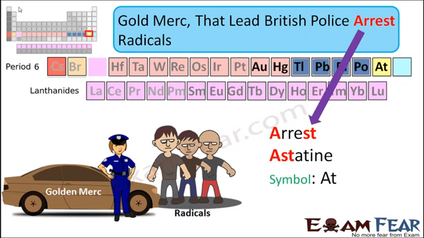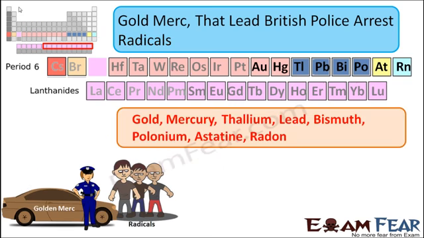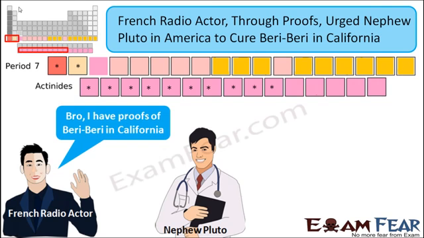Arrest reminds of astatine, and radicals reminds of radon. So our memory tip for this last set of elements of period 6 would be: gold mark that led British police arrest radicals. Now let's move on to period 7.